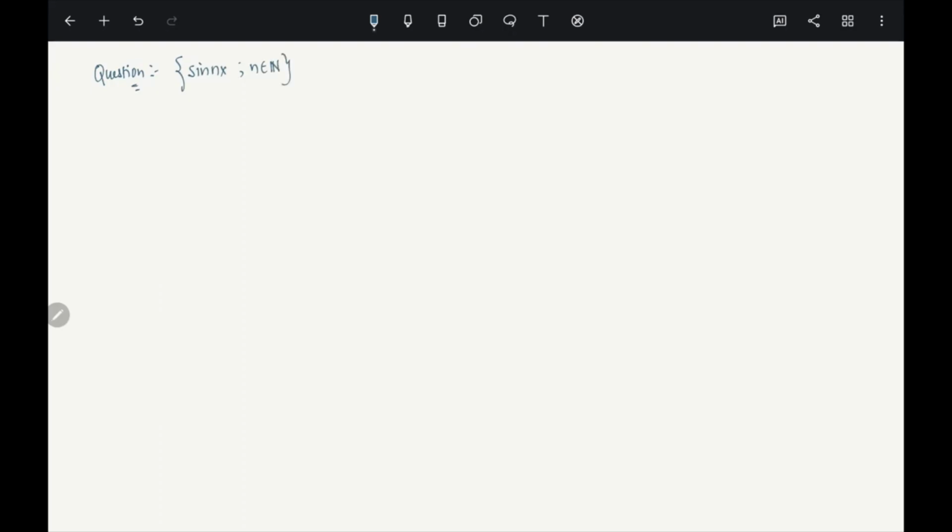Let's just assume that. So this set, let's call it the set A. We will prove that this is an orthogonal set. Is it okay? And where is this orthogonal set?